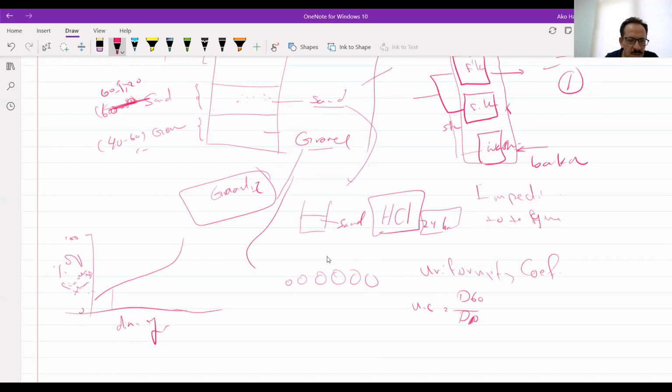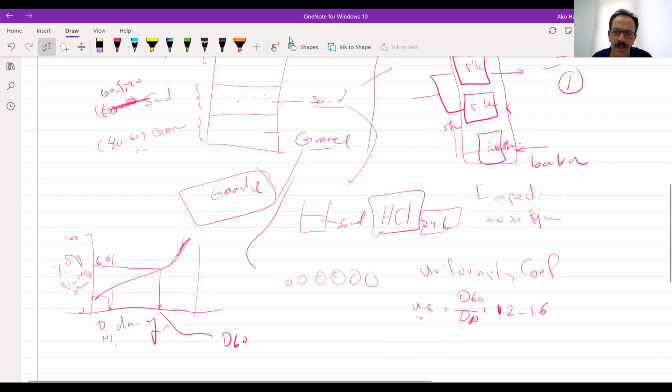Usually when you do the sieve analysis, you will get a curve like this. For 60% passing, you get the diameter D60, and D10 is the diameter giving 10% passing. Dividing D60 by D10 gives a number called the uniformity coefficient. For the gravel used in the filter, it should be between 1.2 and 1.6.